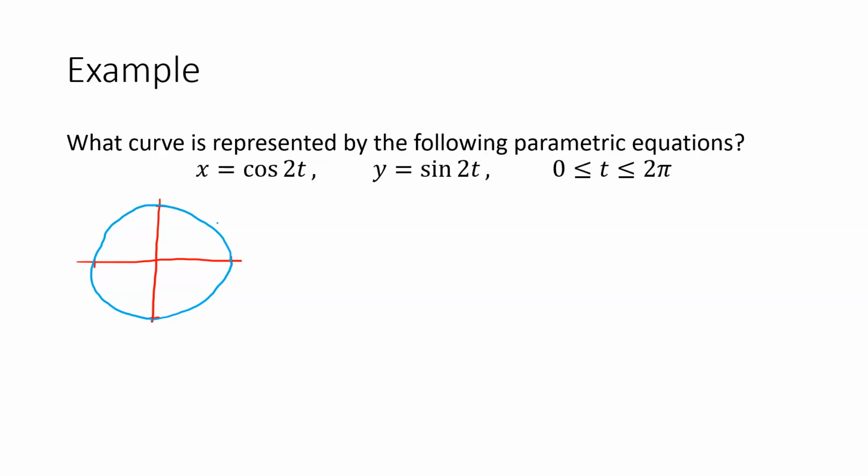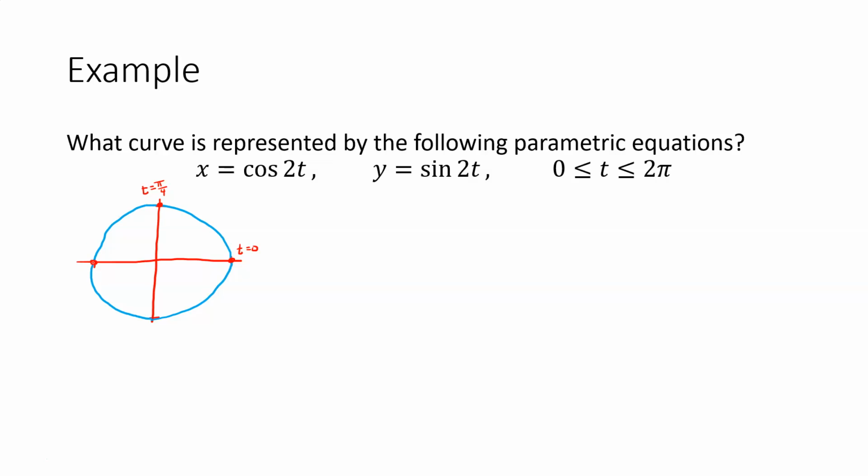So in other words, if we notice that just going from t equals 0 to t equals pi over 4 now, right? When t equals pi over 4, then I get cosine of 2 times pi over 4, which is cosine of pi over 2. So that gives me the point 0, 1.